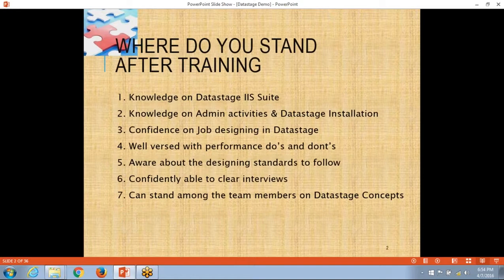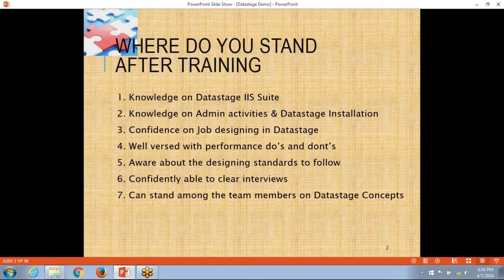Now, where do you stand after the training gets completed? Because you have already learned about the Information Server suite, you will have knowledge of it. You will also have knowledge about admin activities, because we also spoke about what a DataStage administrator does and how DataStage installation happens in all the different topologies. That is the role of a DataStage administrator.